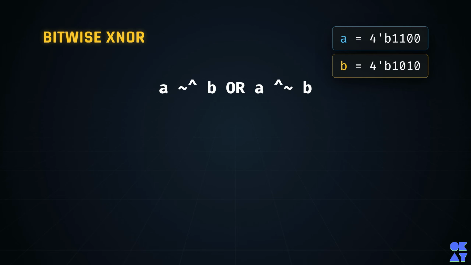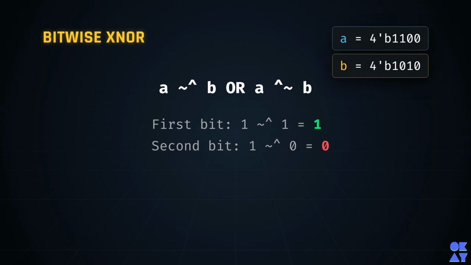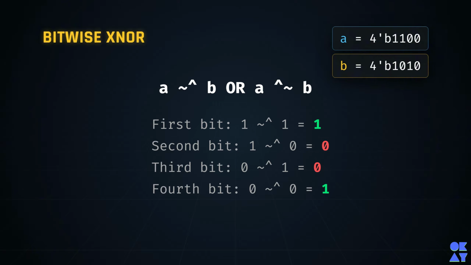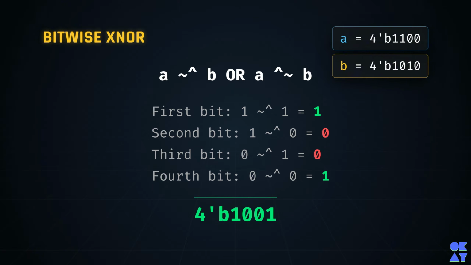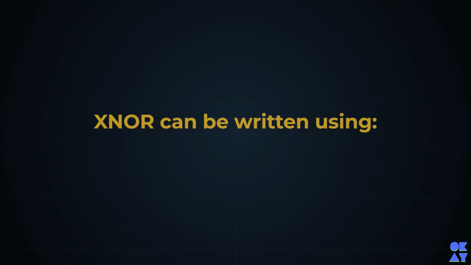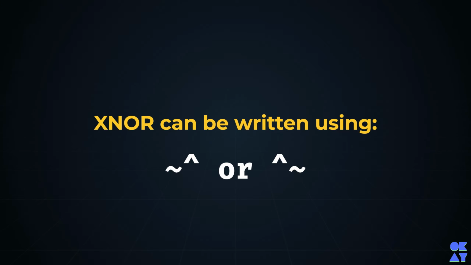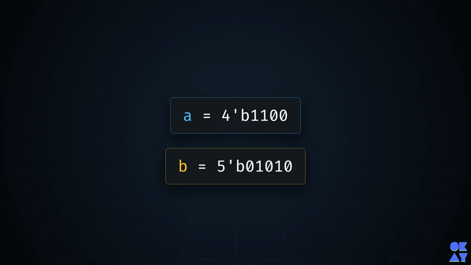A XNOR B. 1 XNOR 1 equals 1. 1 XNOR 0 equals 0. 0 XNOR 1 equals 0. 0 XNOR 0 equals 1. Final result, 4-bit 1001. XNOR can be written using tilde XOR, or XOR tilde. Both are the same.